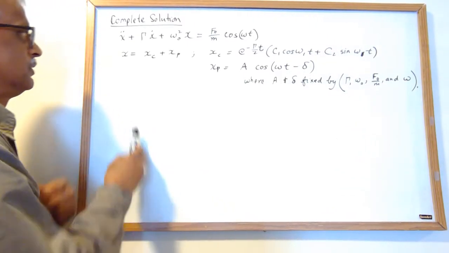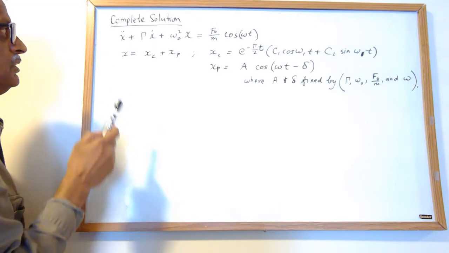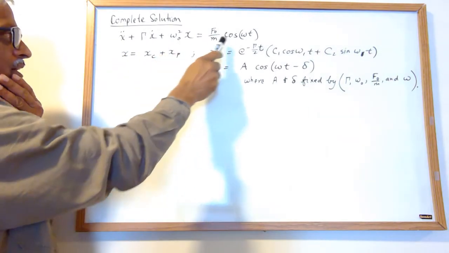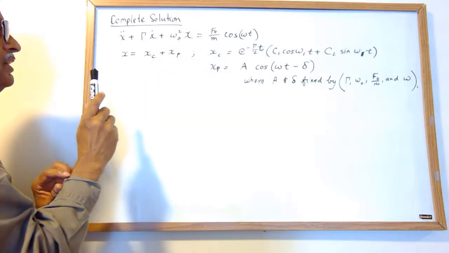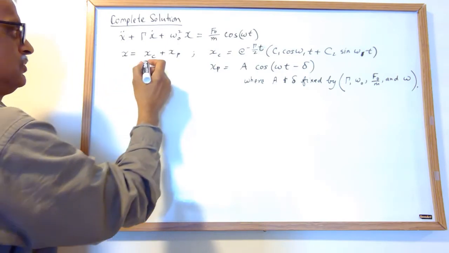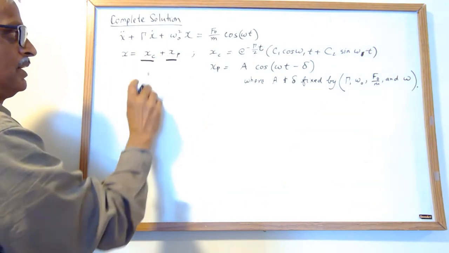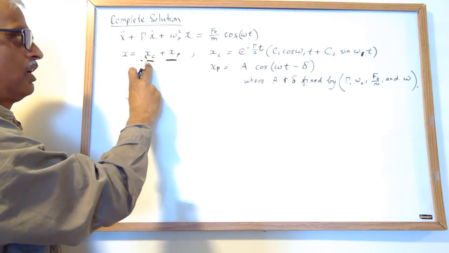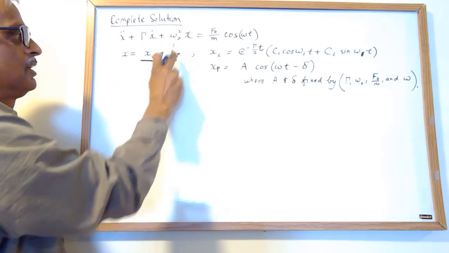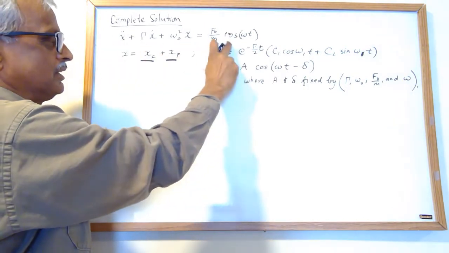Okay, so the complete solution of our driven harmonic oscillator has two types of contribution. One solves just this equal to 0, and the other one solves the whole thing.